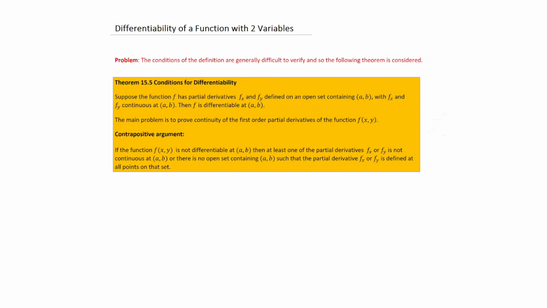Now I can also look at a contrapositive argument, and the reason I'm doing this is to point out one specific fact. So if we do contrapositive, you have to work backwards, negate it, and then basically on the other side is a negated version of what was on the forward side for a direct proof. So if we start with the condition, if the function is not differentiable at (a, b), then at least one of the partial derivatives, fx or fy, is not continuous at (a, b), or there is no open set containing (a, b) such that the partial derivative fx or fy is defined at all points on that set.